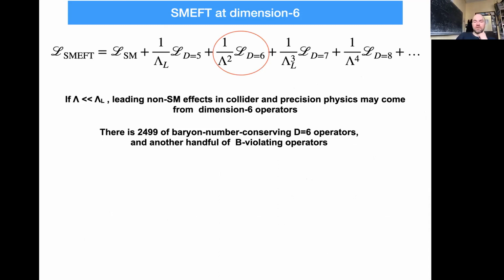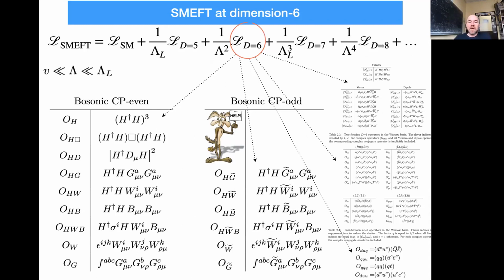So if we go to the dimension 6 terms, this is where a lot of new effects appear, and this is also where all hell breaks loose, because while at dimension 5 we had just one class of operators that led to neutrino masses, at dimension 6 we have thousands of operators, literally thousands, if you include the flavor structure.